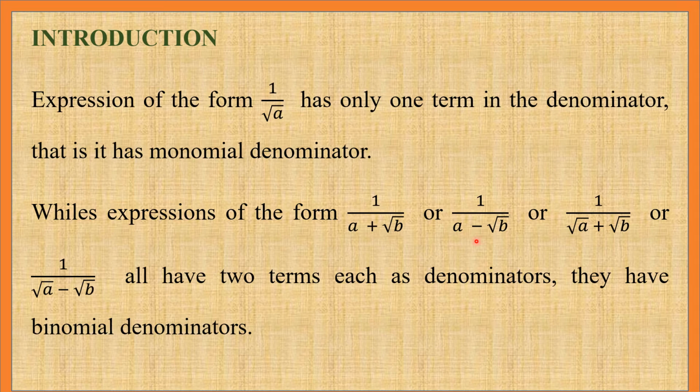So all these have two terms within their denominators. So for that matter, they are called binomial denominators because they have two terms within their denominators. So a binomial denominator has two terms, and a monomial denominator has only one term.